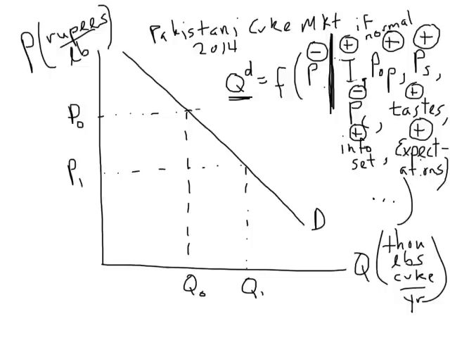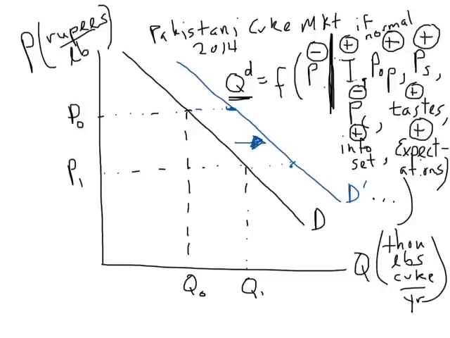At price P0, at price P1, at any given price, Pakistani buyers want to buy more. Then we're going to have a new demand curve that's to the right. Think right, left, not up, down. That's going to be really important, especially when we get over to the supply function. So an increase in demand is a rightward shift.